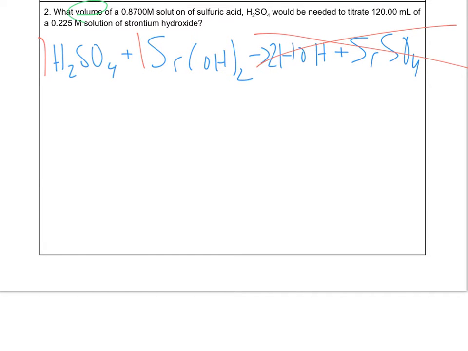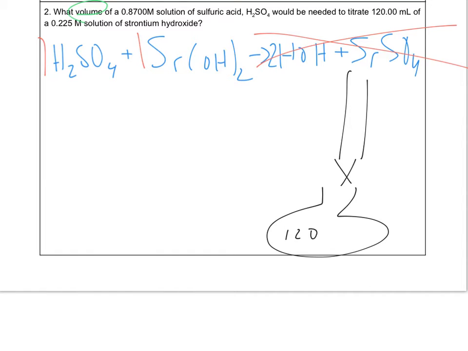All right. And so I'm just going to disregard all that. Now this time we've got 120 milliliters in here of 0.225 molar.